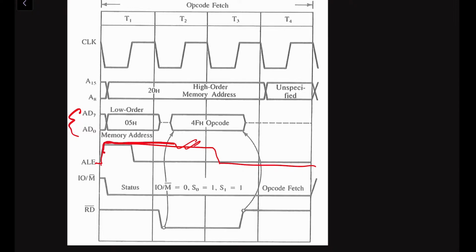Whenever ALE is high, this multiplexed bus works as an address bus, so there will be no opcode fetch. Therefore, your whole timing diagram will go wrong. So you have to know when the signal is transiting, going up or down. In this way you have to understand the various operations through the timing diagram.